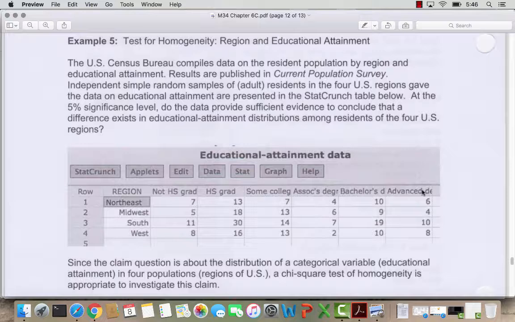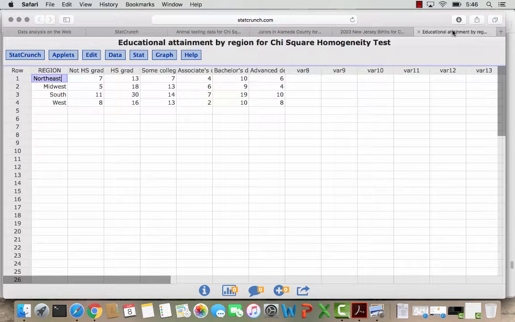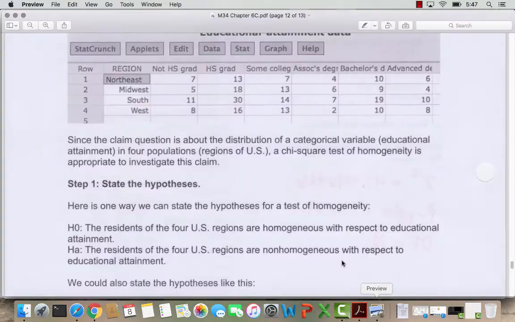Example 5 is a test for homogeneity. So we're going to open the data file about educational attainment data. And let's go look at that data. So we see here we have the 4 regions in the US, and then people are classified, this is a random sample of whether they were not high school graduates, some college, associate's degree, bachelor's degree, or if they had an advanced degree.